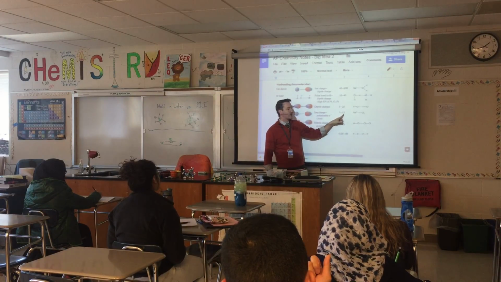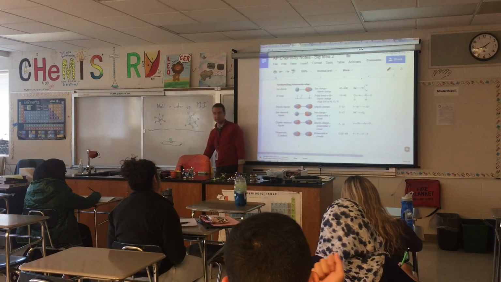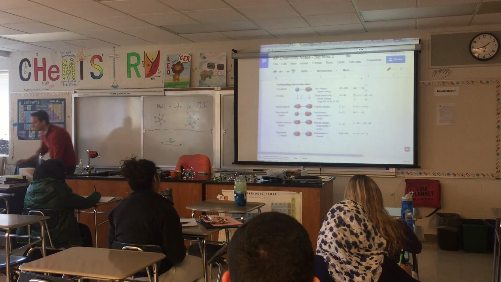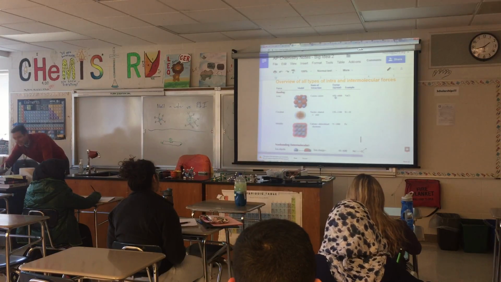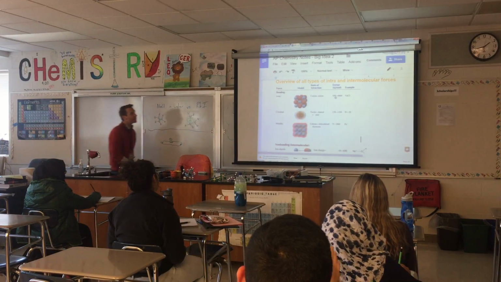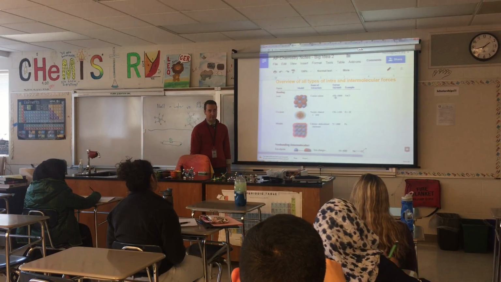So they're saying between 3 and 15 kilojoules per mole is how strong this interaction is. Well, if we go up and we look at the strength of ionic interactions, those are 400 to 4,000 kilojoules per mole, right?